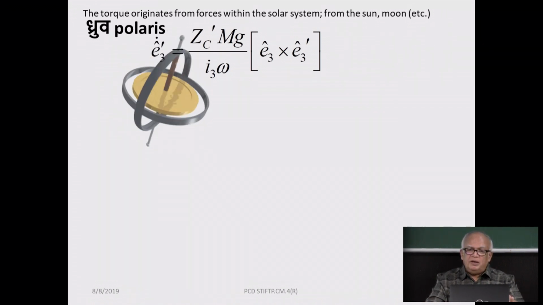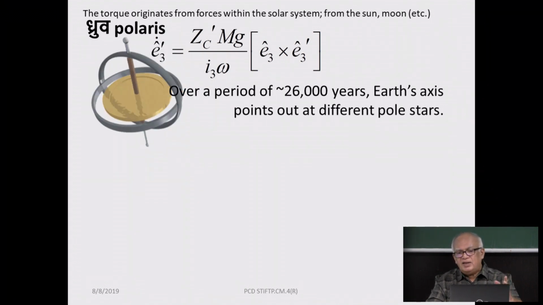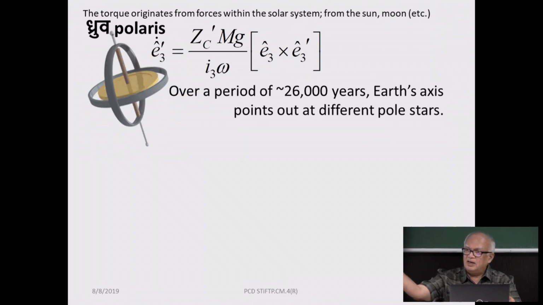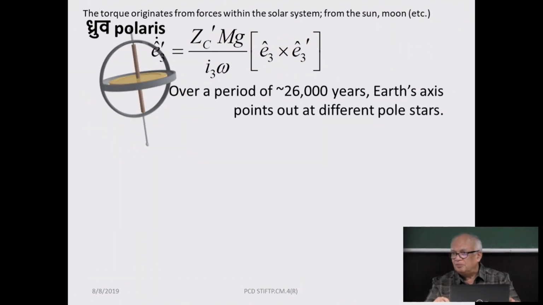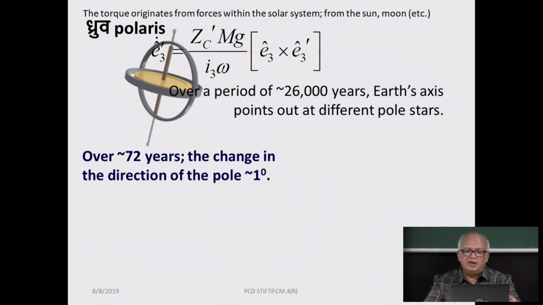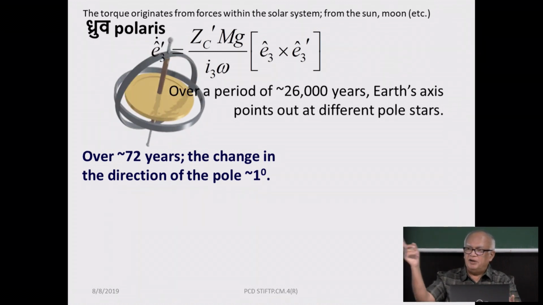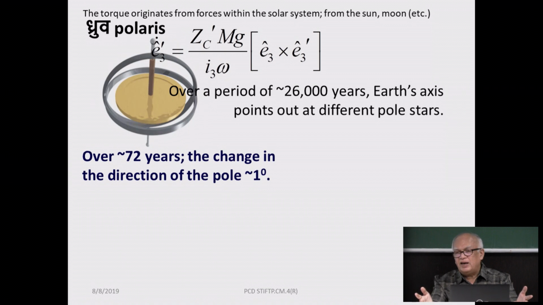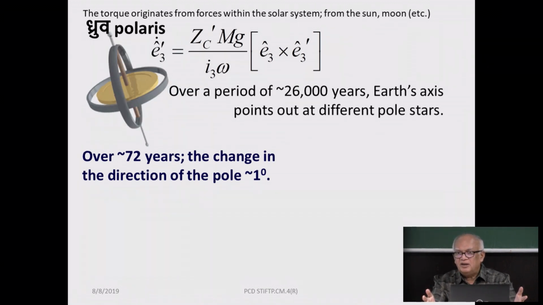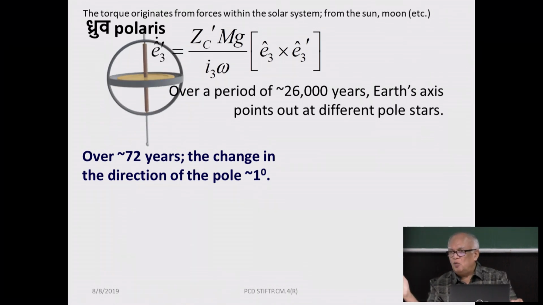The Earth would also be precessing, and it takes like 26,000 years for the Earth's axis to precess and complete one full rotation. Now this is a very interesting astronomical event, right? So it takes 26,000 years to complete this 360 degrees. Over a human lifetime, which is 70, 80 years, it takes about 72 years that the direction of the pole will shift by 1 degree.